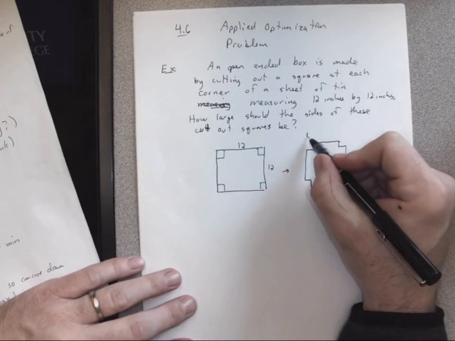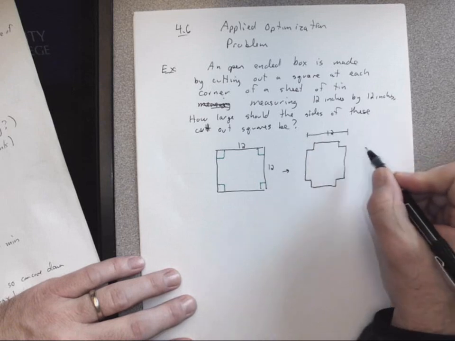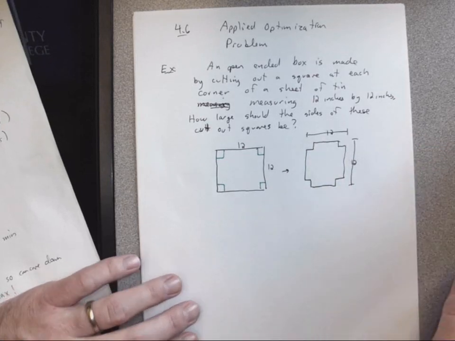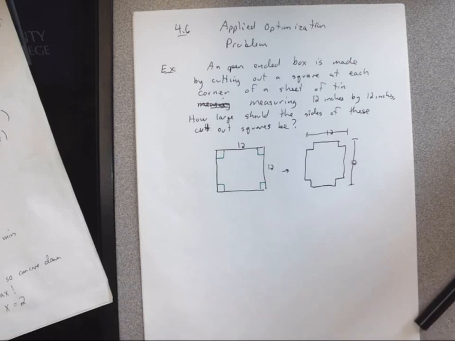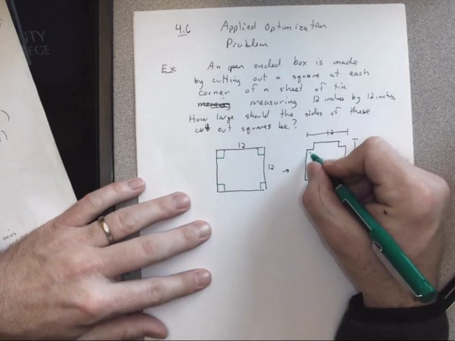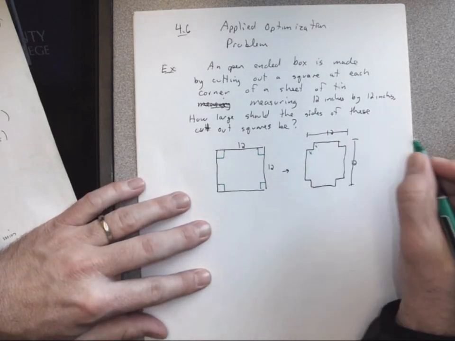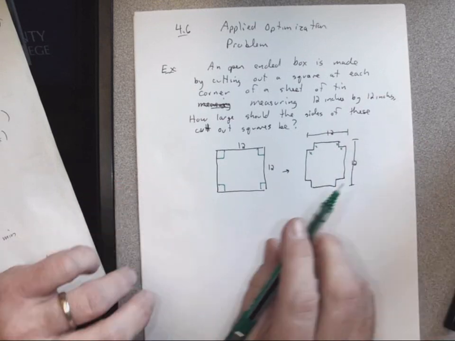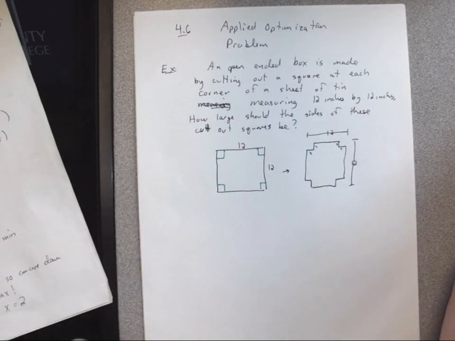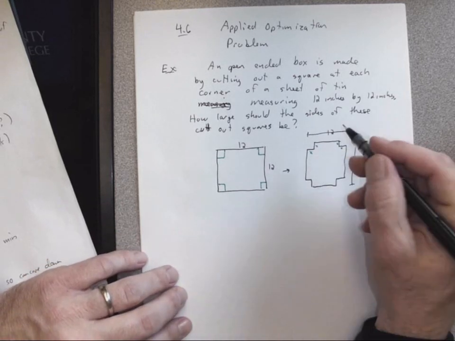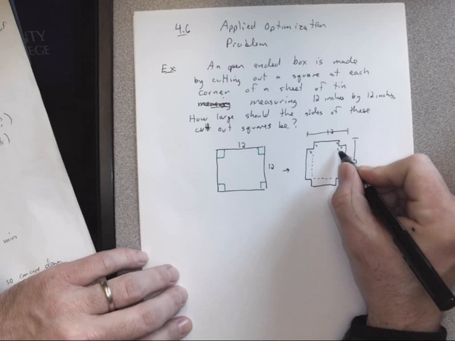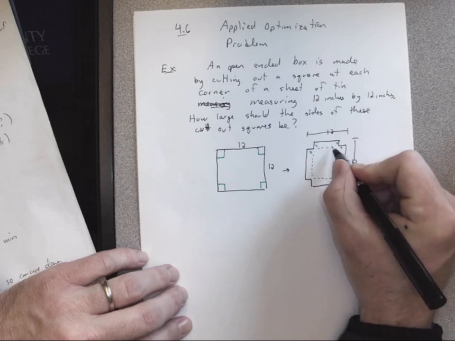Now remember that this entire side is still 12, and this entire side is still 12, but these cutouts, I'm not sure what they are. The question is, how big do those sides have to be? This is all going to be x, this is all going to be x as well, and so on. What we're going to do now is fold this thing up at these dotted lines, just to show you that I'm building a box here.